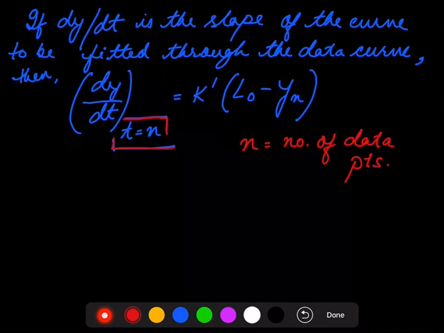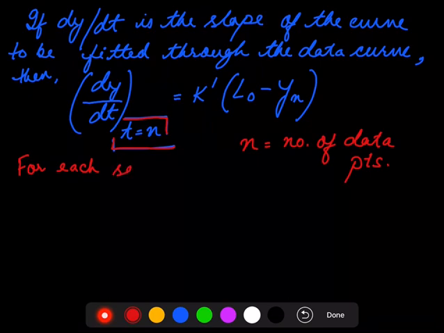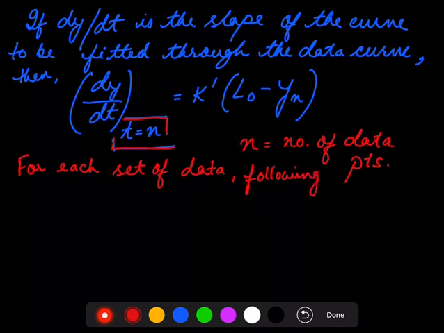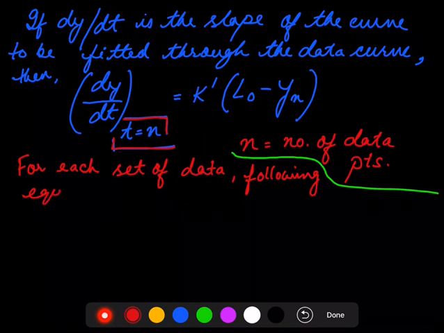Alright, so for each set of data, the following equations are used.